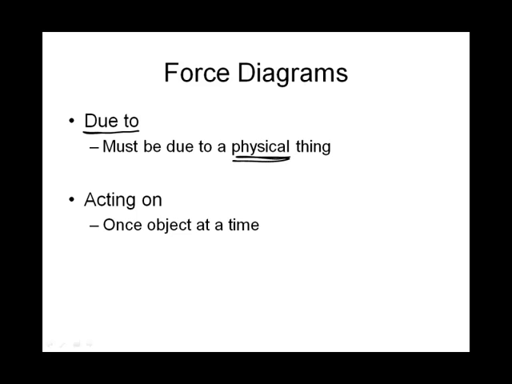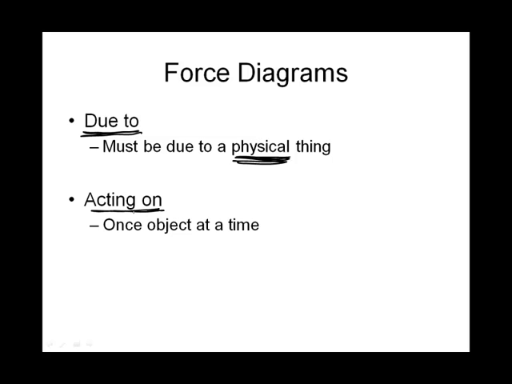You can't have a force because of an action. There might be an action associated with a force, but there has to be something causing the force. Even if I talk about a long-range force like gravity, gravity is caused by the Earth. That's a physical object. So as I discuss forces, I'm going to always define them. I must give a due to, and there has to be a physical object that's exerting that force.